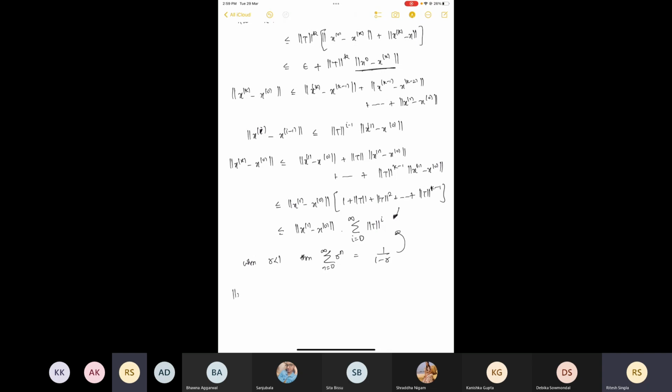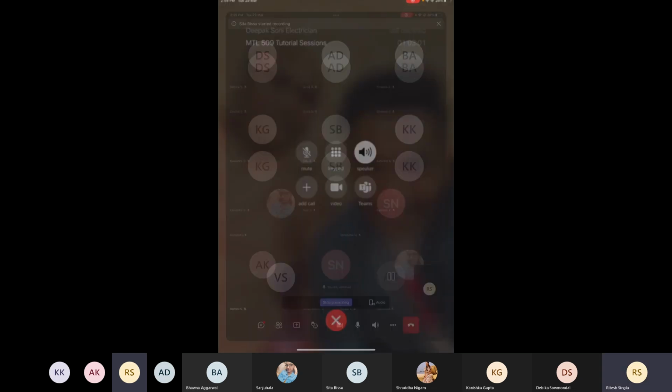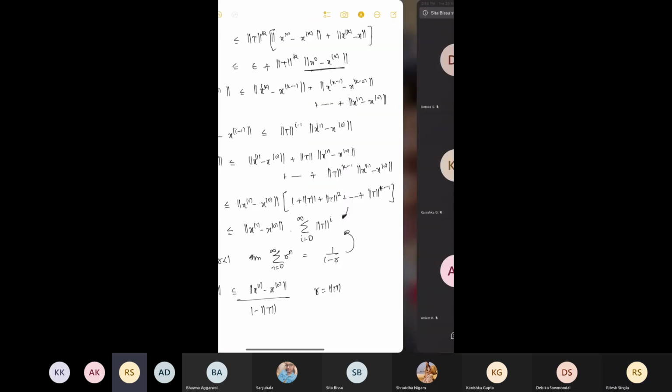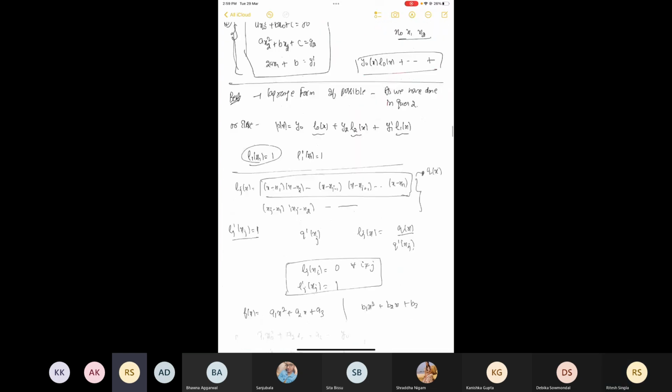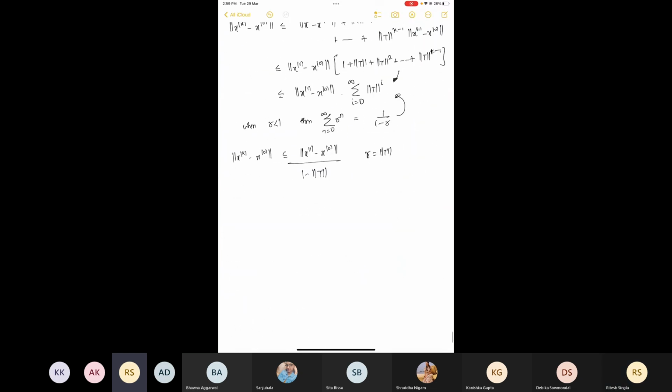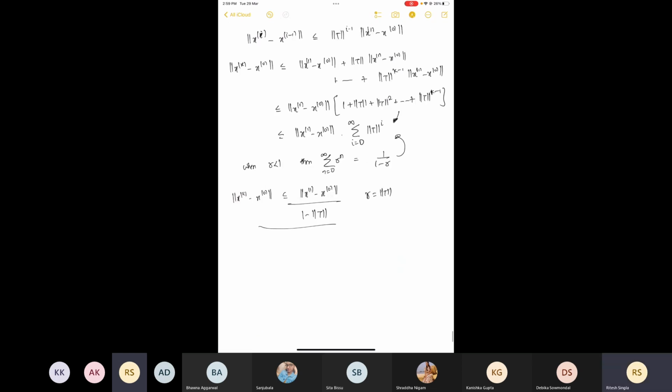You will have norm xk minus x0 less than or equal to norm x1 minus x0 upon 1 minus norm of T. So r is nothing but norm T. Fine. This is what we need to prove, right?